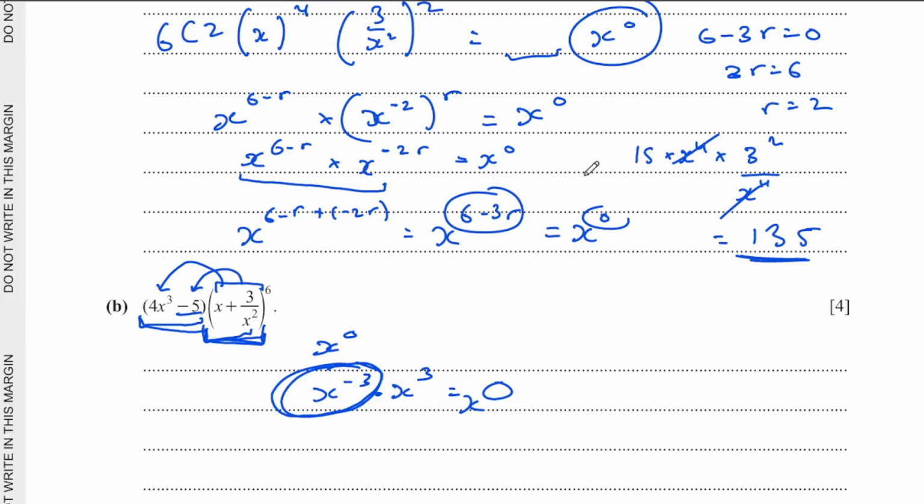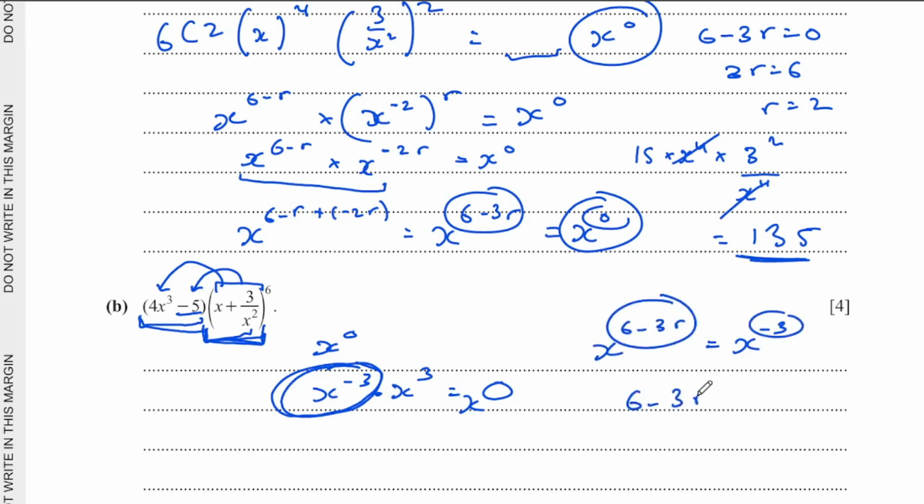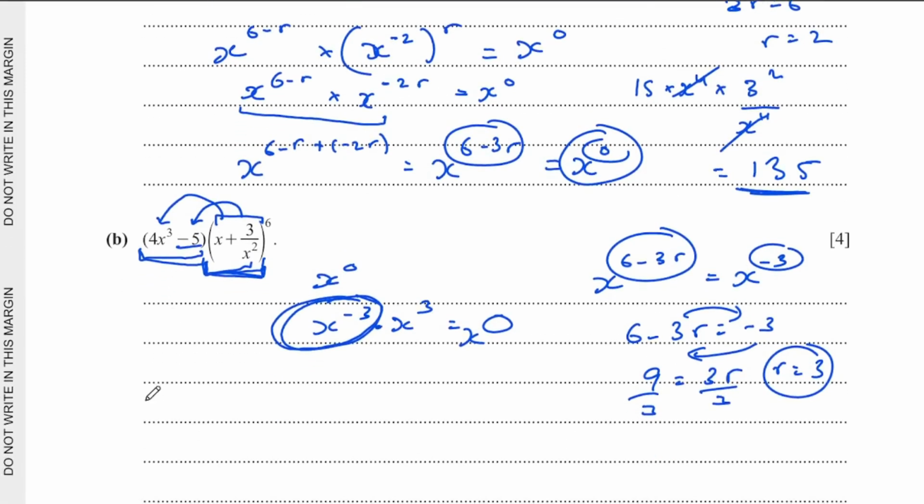And so we can find that again. We can use this same formula. Now instead of being interested in x power 0, we're interested in x power negative 3. And so x power 6 minus 3r equals x power negative 3, which just means 6 minus 3r equals negative 3. Take this to this side, take this to this side. So 9 equals 3r, over 3 over 3, r equals 3. Okay, and we can just use that.